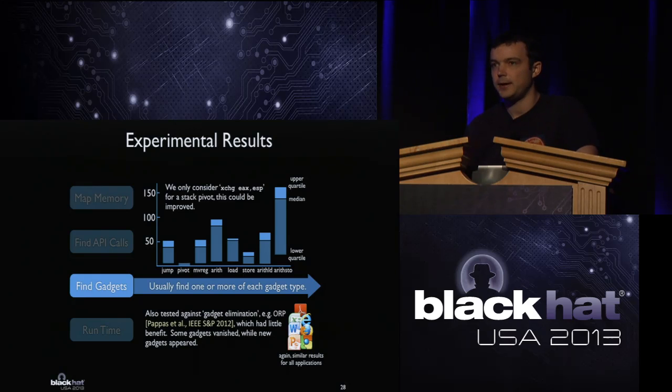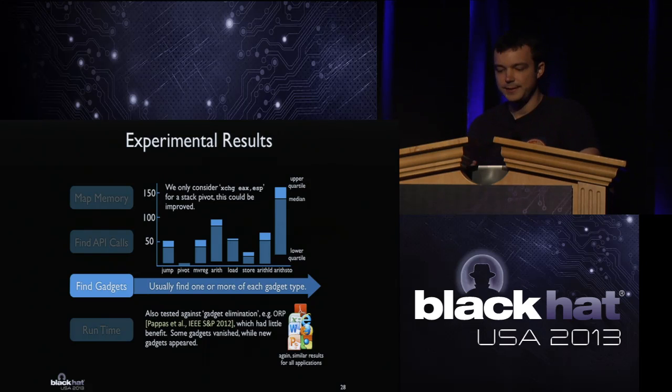One interesting thing about this ORP implementation of fine-grained ASLR is that they actually include an extra step. They also do gadget elimination. So each time the application is run, ORP actually searches through the code and tries to identify gadgets that might be useful to an adversary and tweaks the code and changes it so that gadget no longer does what it was originally intended to do.